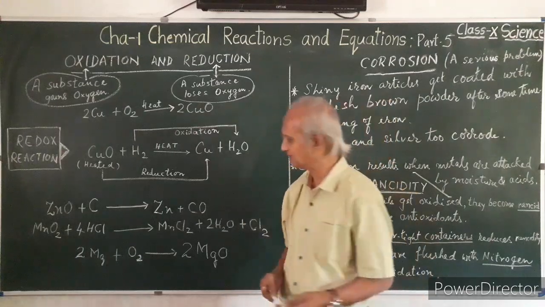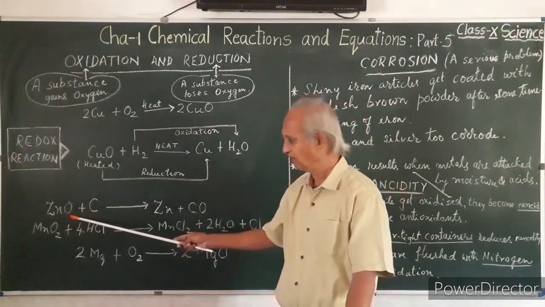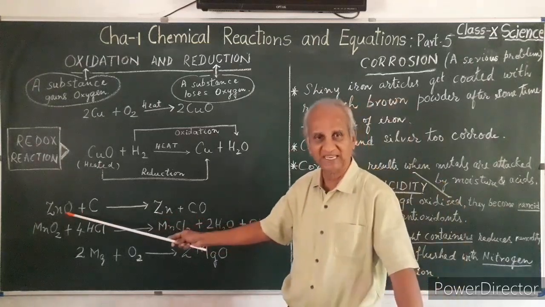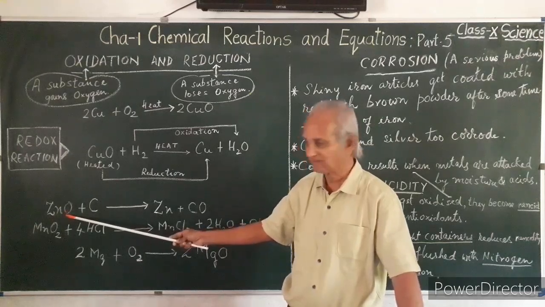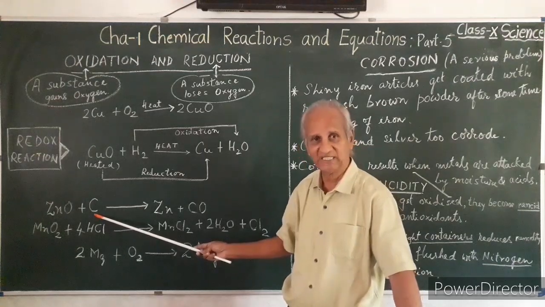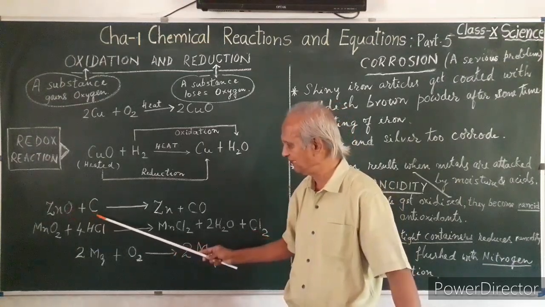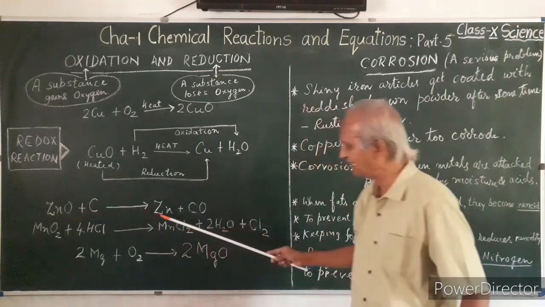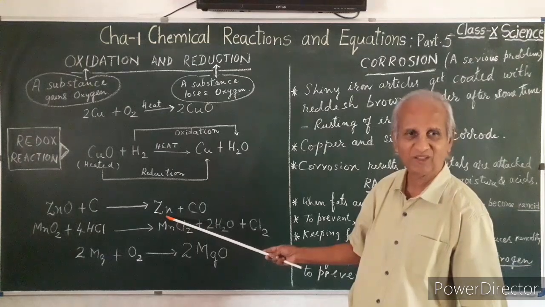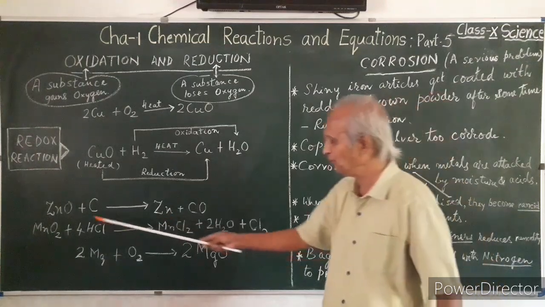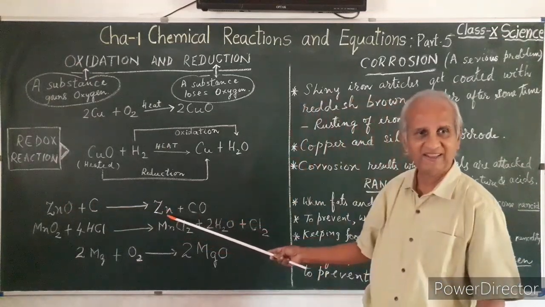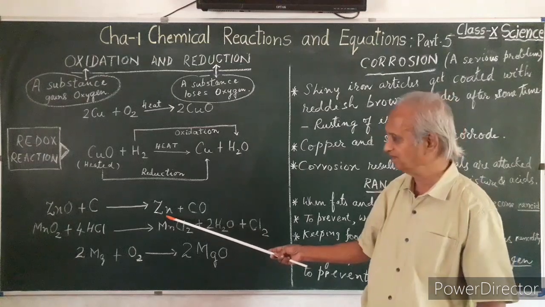Let's see some more examples. ZnO plus C gives Zn plus CO. Zinc oxide, Zn is zinc, plus C carbon. I have already introduced this reaction to you earlier. ZnO plus C, ZnO becomes Zn. What do you call this reaction? Oxygen is lost. So this is a reduction reaction. Zinc oxide turning into zinc is reduction.